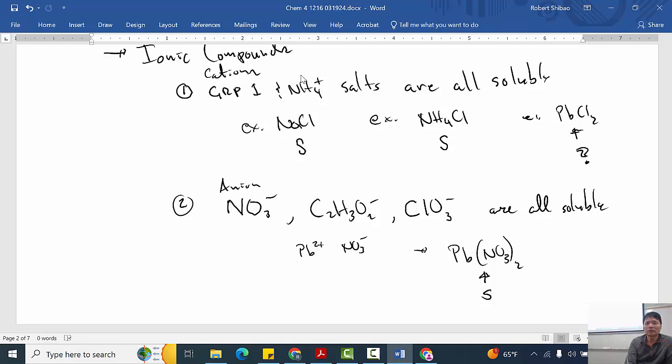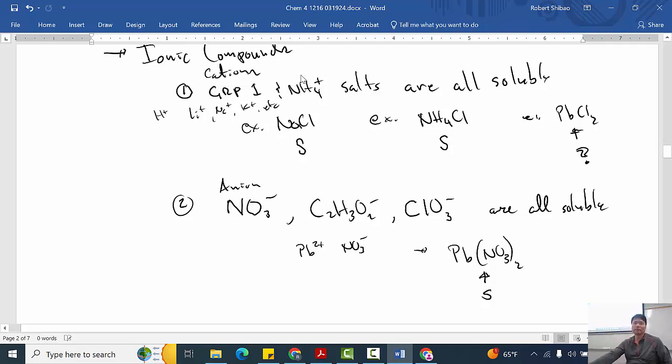For cation group 1, you meant the first group on the periodic table, correct? Yeah. Group 1 are lithium, sodium, potassium, etc. Also H plus would qualify as a group 1. So as long as these ions are in there, it's soluble.